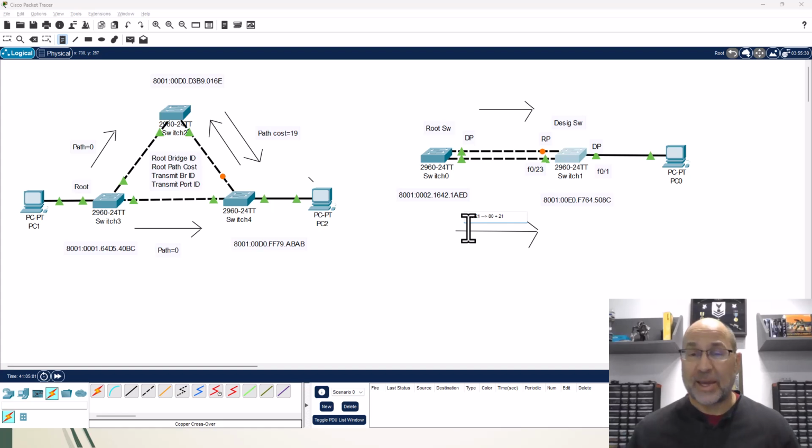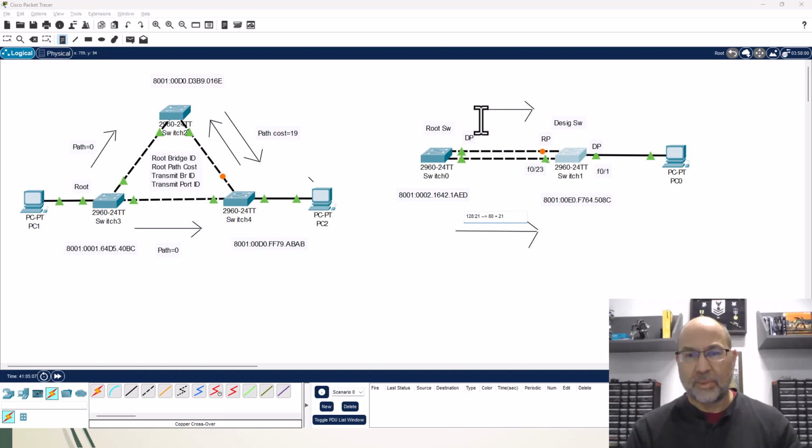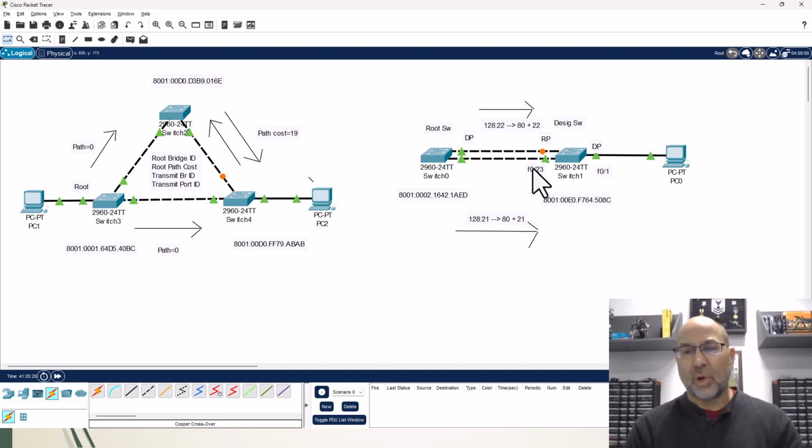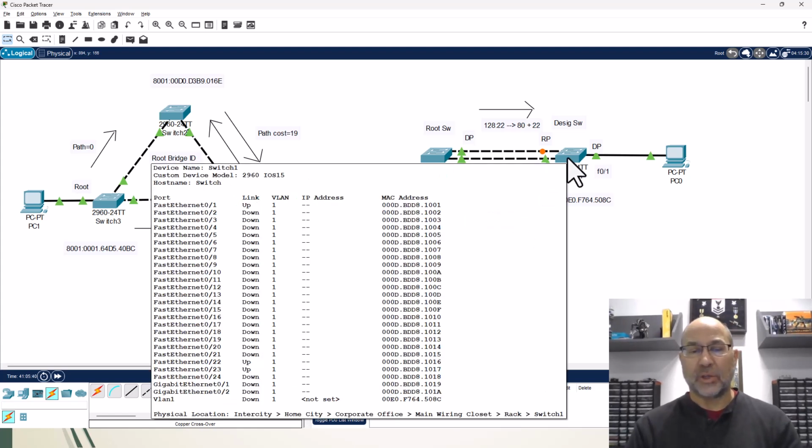Now, if you were looking at packets, this would all be in hexadecimal, but I'm going to keep it pretty easy here for right now. Up top here, we would have 128 and 22, which would convert to 80, plus the hexadecimal representation of 22. The transmit port ID would be 8021 coming this way and 8022 coming this way. And so the receiving port that has the higher port ID would lose. That's why we block this particular port down here.